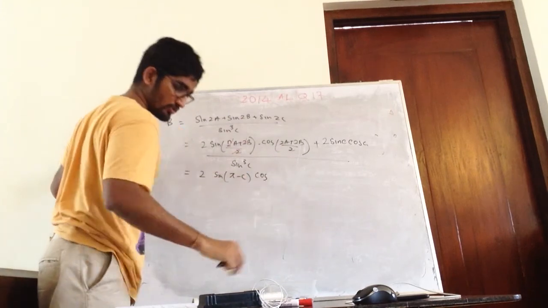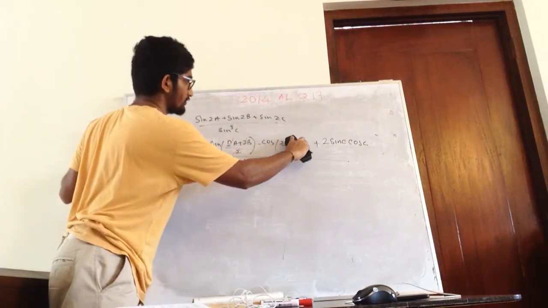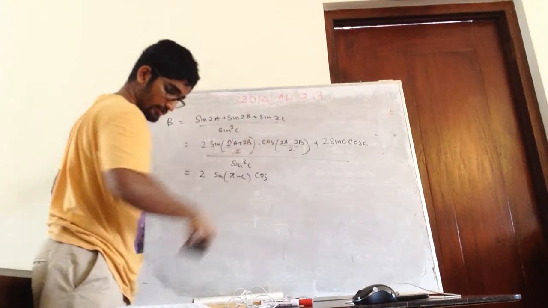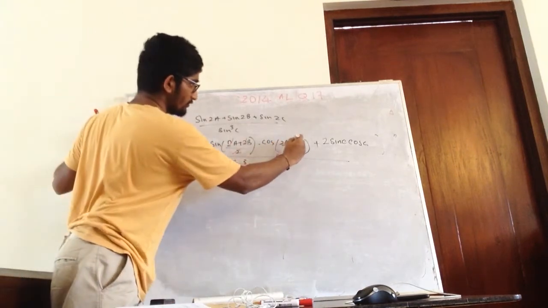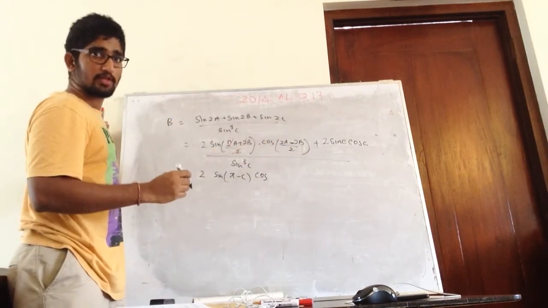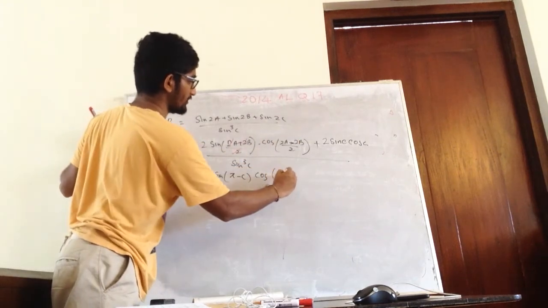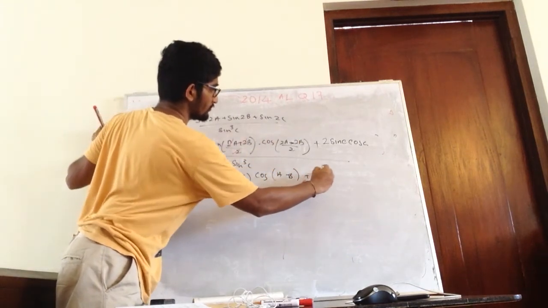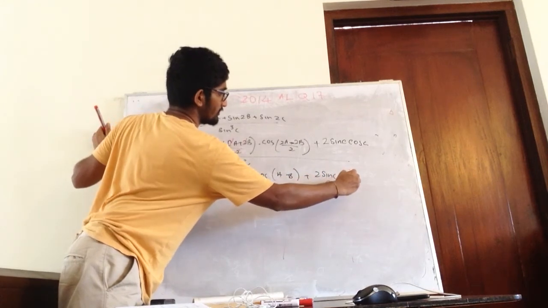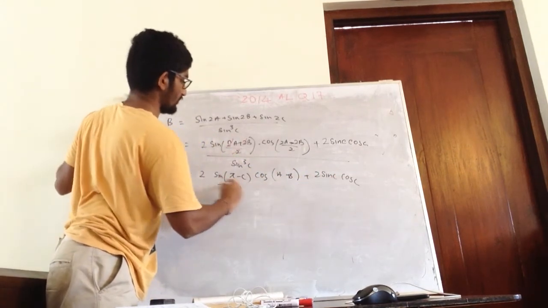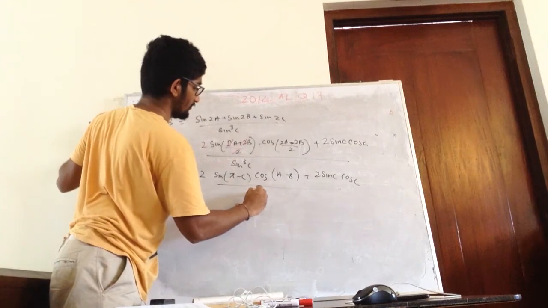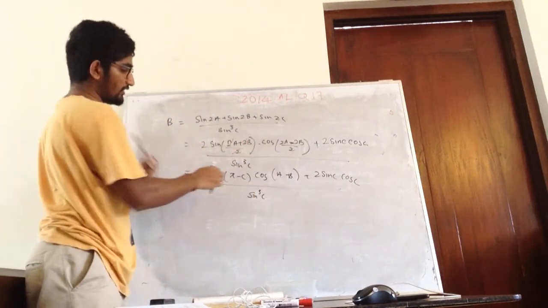Oh, there's something wrong here. This is minus, no? Right, this is minus: cos (A minus B) plus 2 sin C cos C over sin cube C. Now what is this?